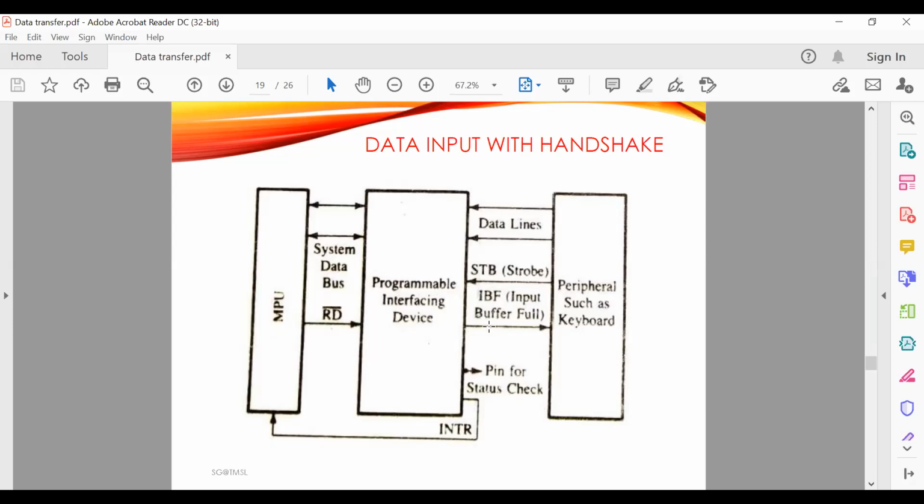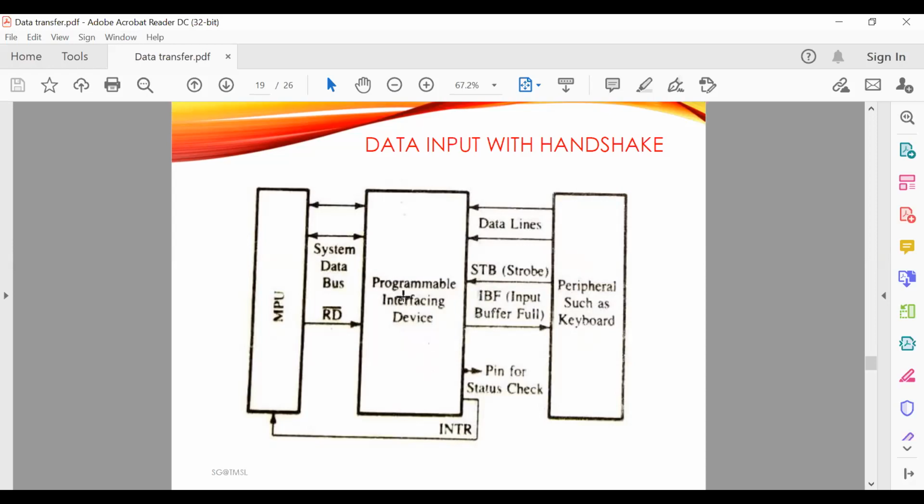So what happens in the input mode? Suppose this is the microprocessor, this is the programmable device, and this is the input device. Assume this is a keyboard. Now when a key is pressed, how is that key identified by the microprocessor, how does the microprocessor read the particular switch on that keyboard?